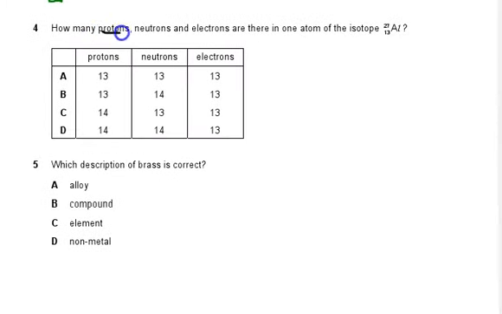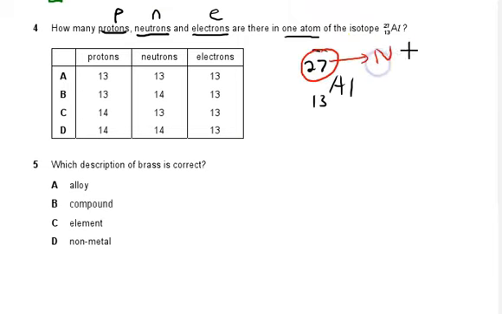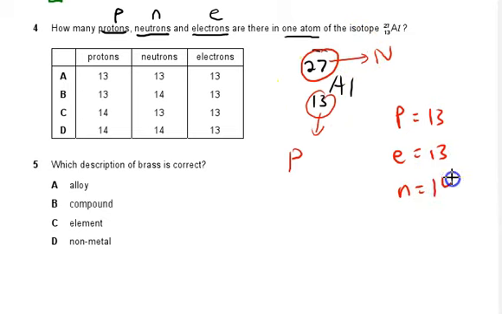Here: how many protons, neutrons and electrons are there in one atom of the isotope of aluminium-27? This is the nucleon number, with a big N, and this is the proton number. The proton number is equal to the number of electrons, and for the neutron number we have to subtract, so we get 14.